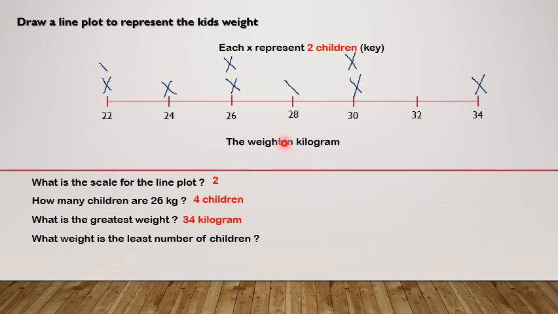Meaning what weight has the least repeated number, the least number of X's. Look at the line plot. Which one? It's 28. It has only one dash, meaning only one child has 28 kilograms. So the weight was 28 kilograms.